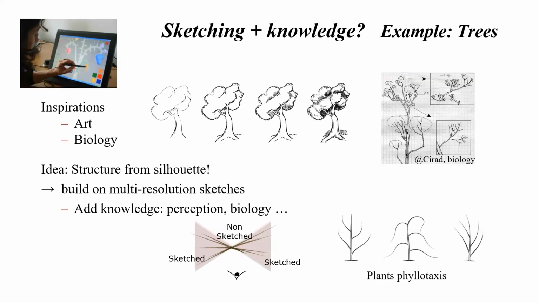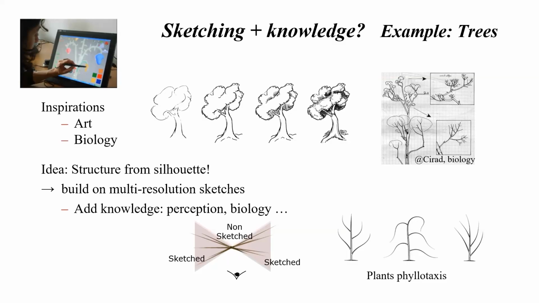But in fact, biologists from CIRAD, exactly like artists, when they go to the forest and want to observe the evolution of their tree, they use multi-resolution sketching. They will first sketch the rough silhouette of each group of sub-branches, then they refine into sub-branches, and then they refine again. So we found the same strategy from artists and from scientists to go from coarse to fine, to express what they see, their knowledge.